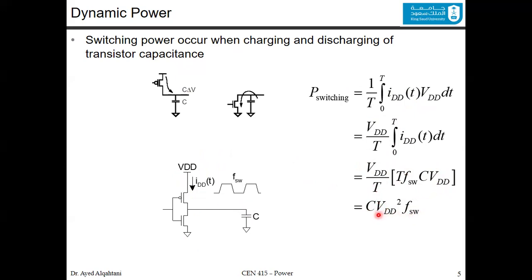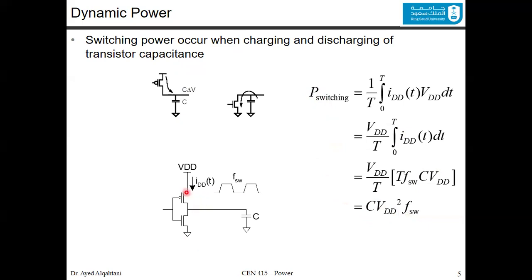So the dynamic power, or the switching power, is mainly affected by the capacitance, the voltage, and the switching frequency.